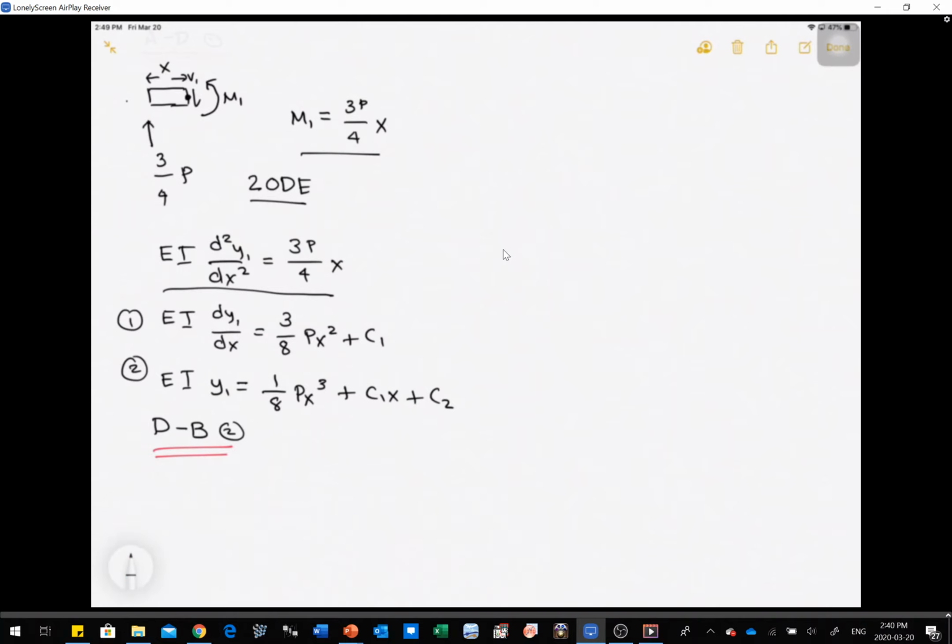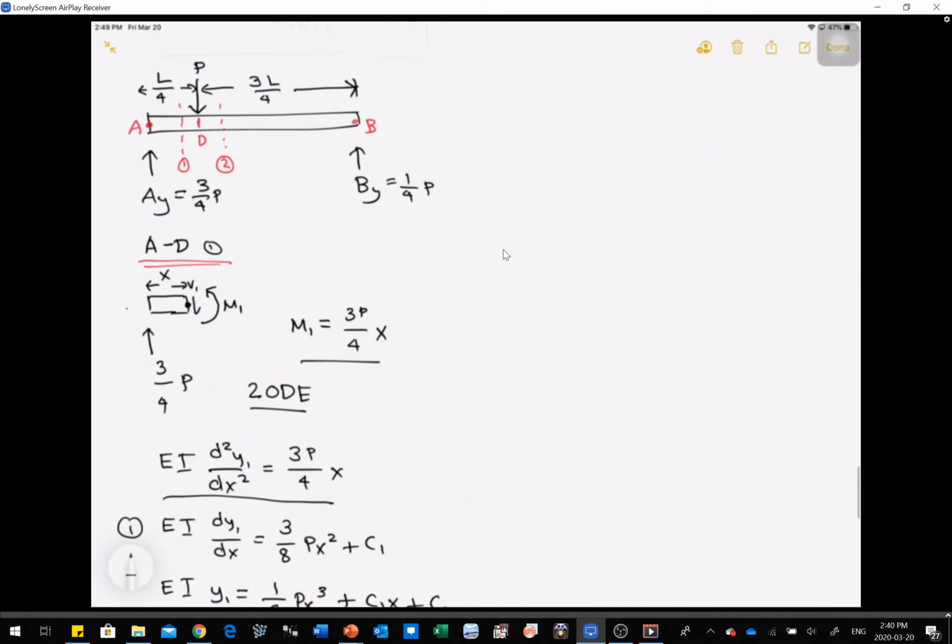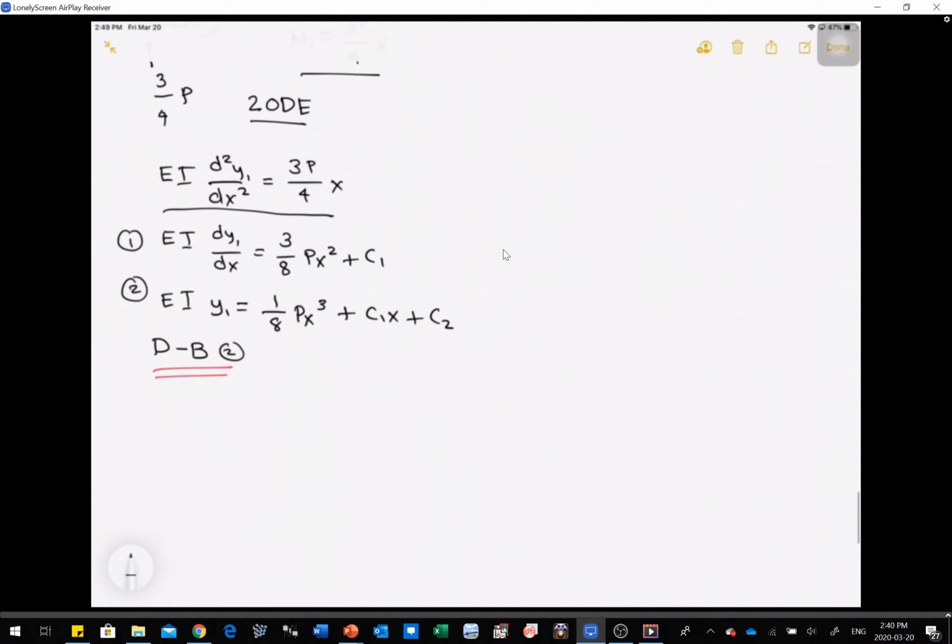That's from D to B. That's going to be a different thing in terms of taking a moment from your section. If we take a cut from our beam, it's going to look something like this.